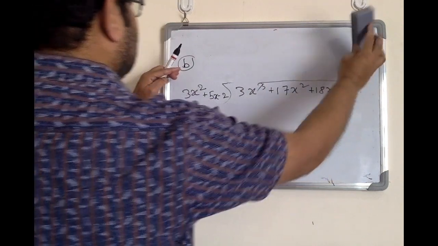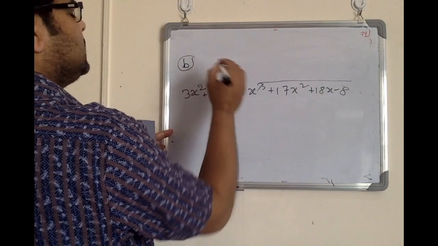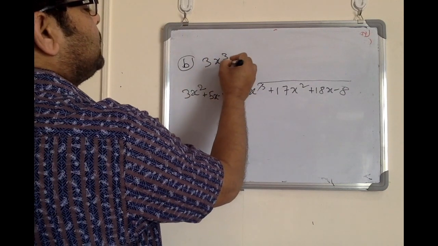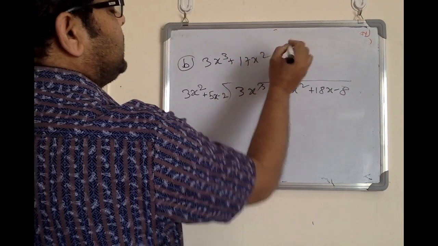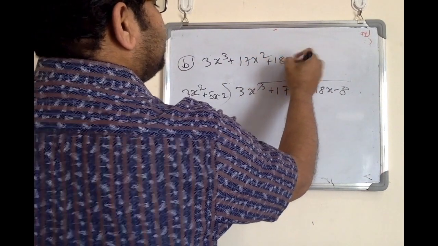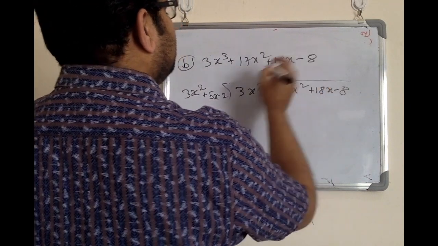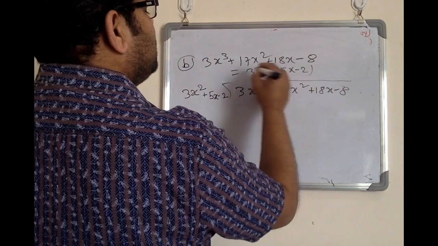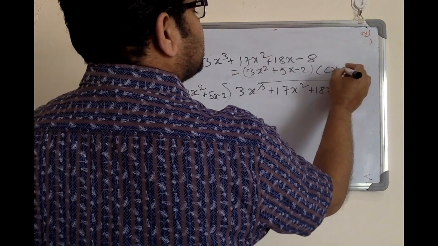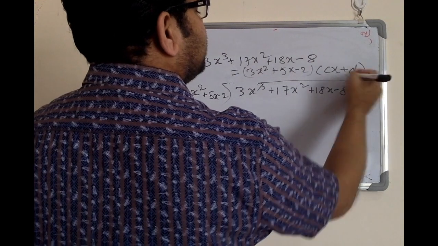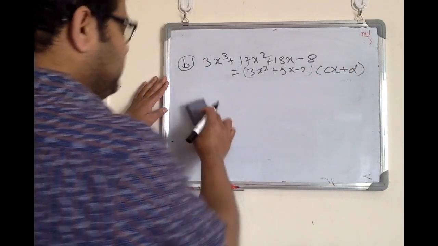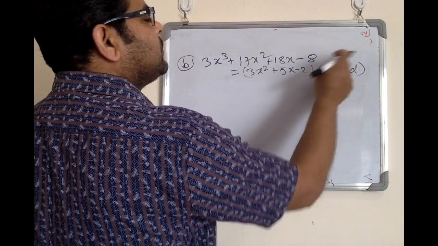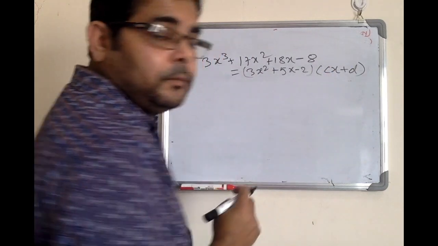Here you can see it is 3x cubed plus 17x squared plus 18x minus 8, equal to 3x squared plus 5x minus 2 multiplied by cx plus d, for example. Now we can just compare both sides. So cx plus d means one of the factors will be such that c has some constant value and d also has some constant value.